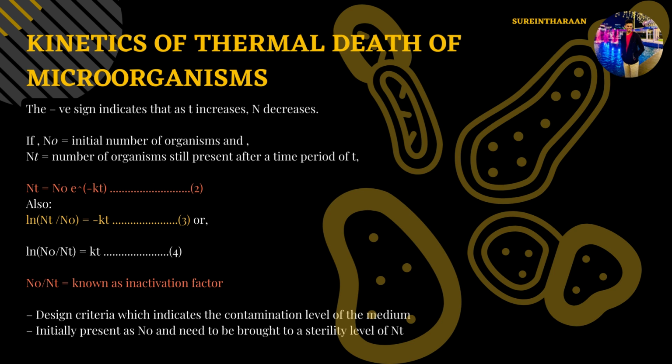From equation 2, we can make it into another equation using ln, which is ln Nt over N naught equals negative kt, which also equals ln N naught over Nt equals kt. N naught over Nt is known as the inactivation factor. Design criteria indicate the contamination level of the medium initially present as N naught, which needs to be brought to a sterility level of Nt.